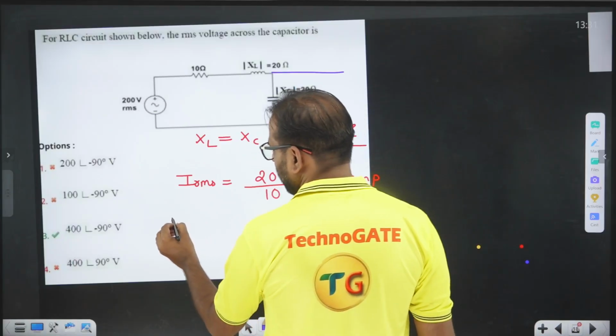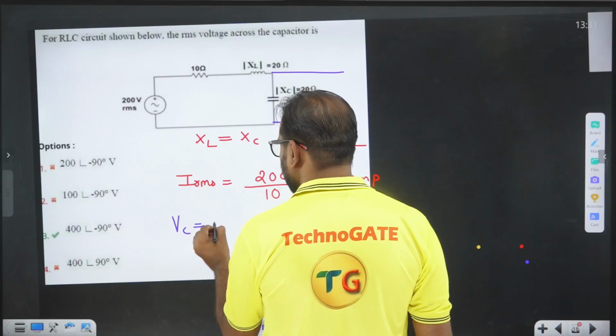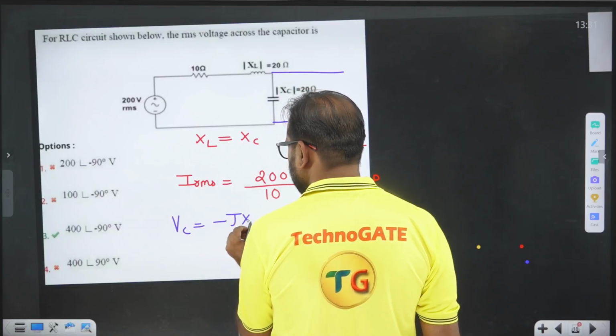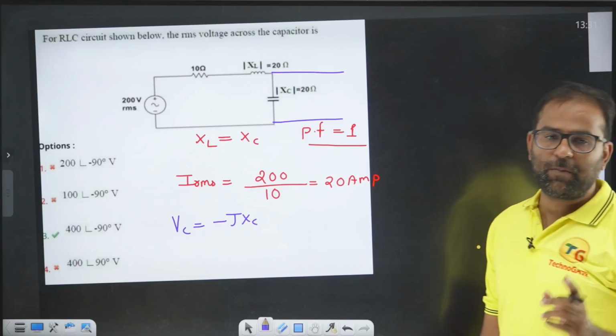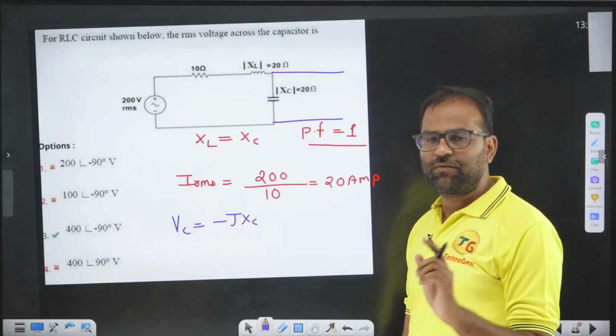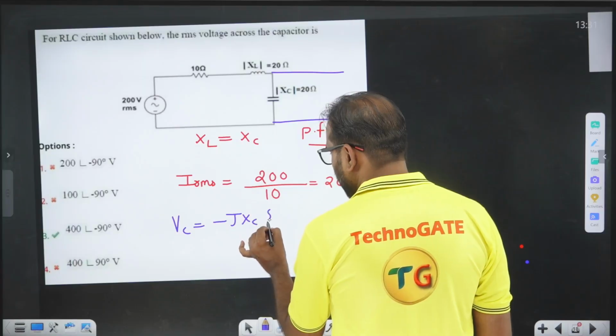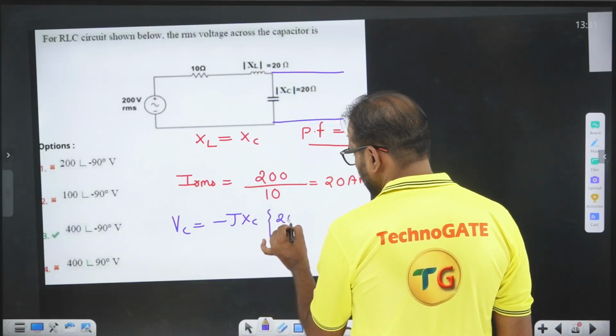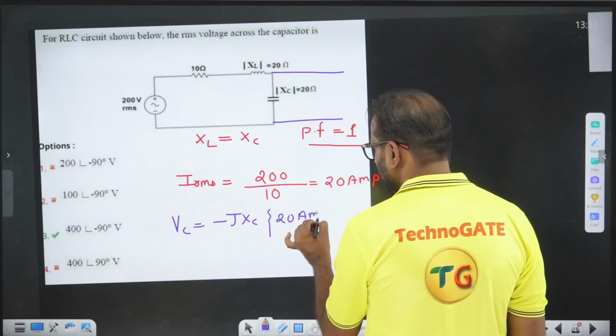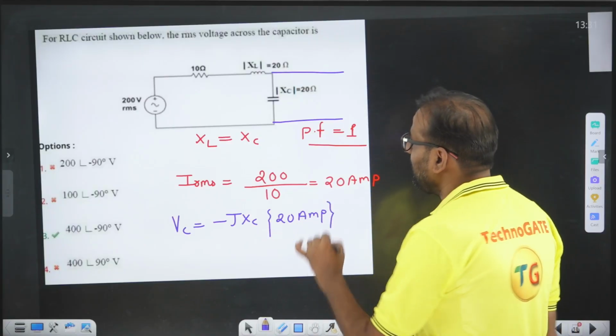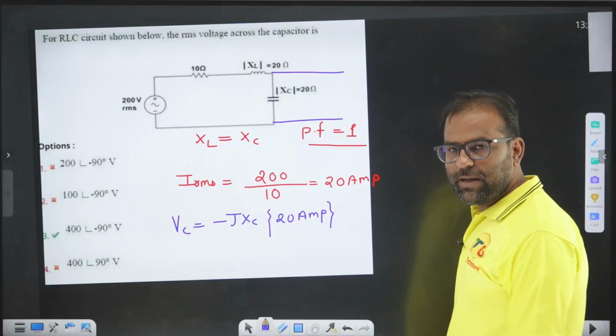The voltage across the capacitor is given by VC equal to minus j times XC, the resistance offered by the capacitor at the given frequency, multiplied by the RMS current, which is 20 ampere. And what is the value of XC? In our case, XC is 20 ohm.